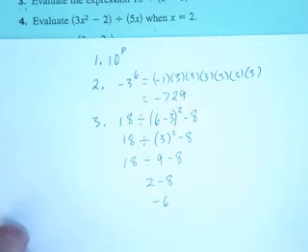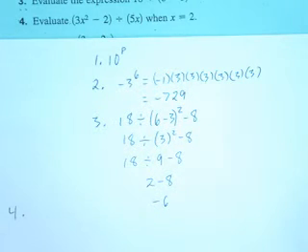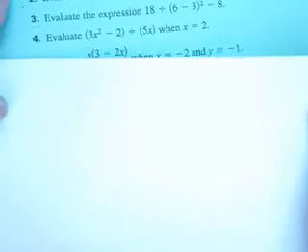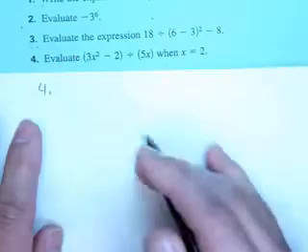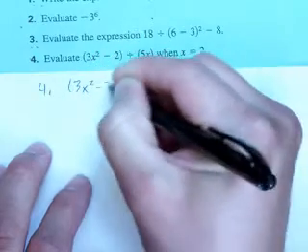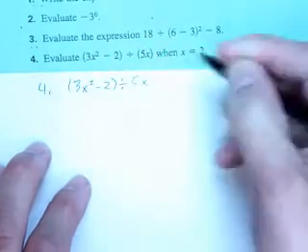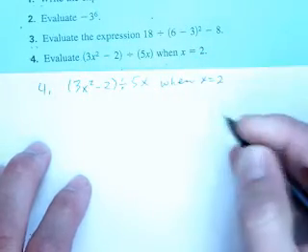For number 4, it says to evaluate 3x squared minus 2 divided by 5x when x equals 2.